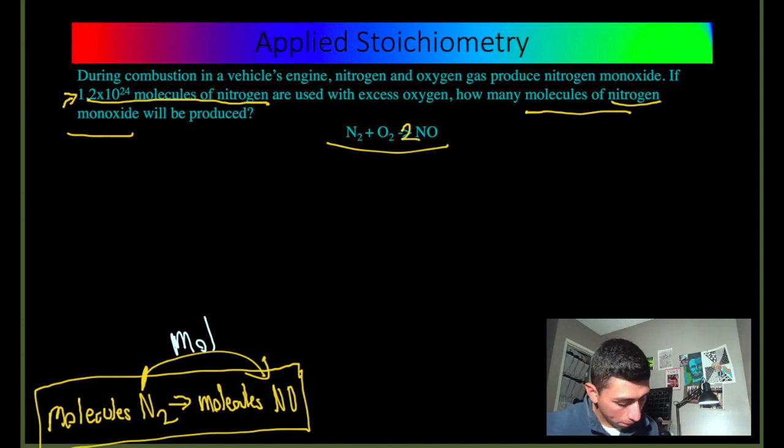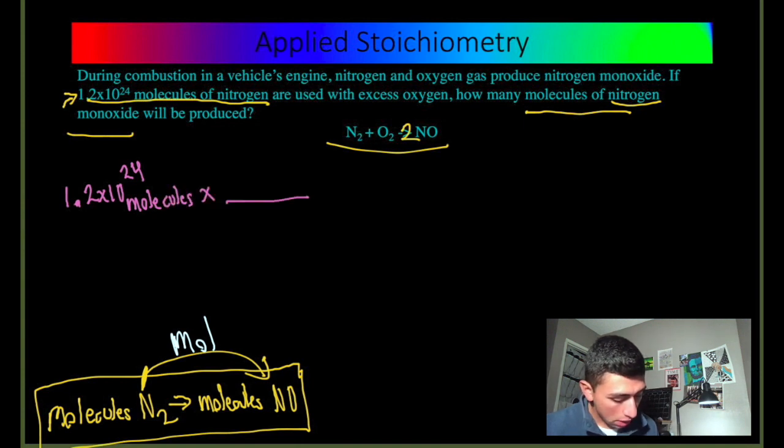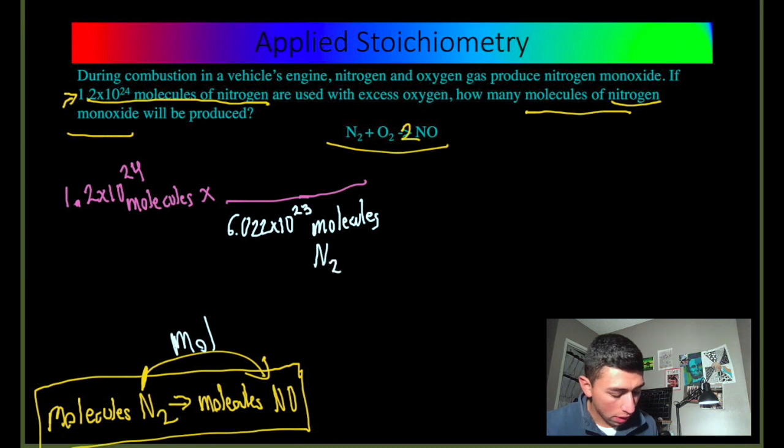Let's write our starting value first. 1.2 times 10 to the power of 24 molecules. Now for every 6.022 times 10 to the power of 23 molecules of nitrogen, you have how many moles of N2?